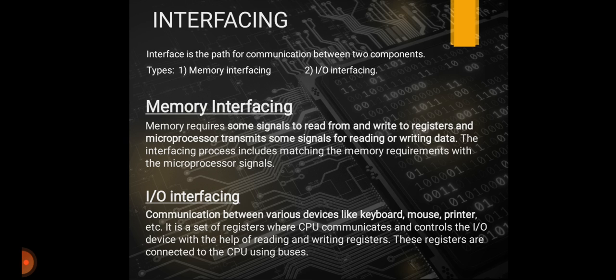The first is memory interfacing. Memory requires some signals to read from and write to registers, and the microprocessor transmits some signals for reading or writing data. In this method, it is the process of matching memory requirements with the microprocessor signals.